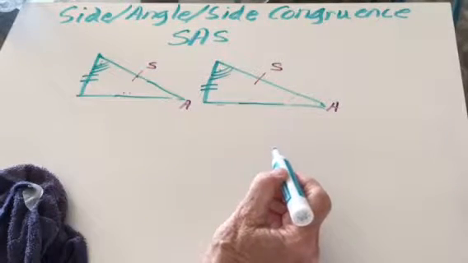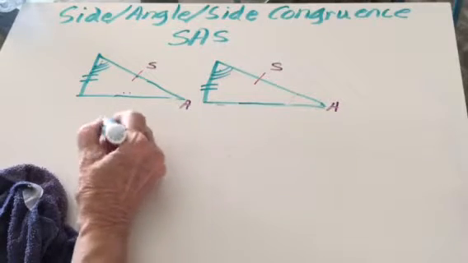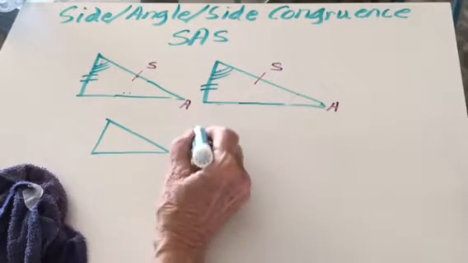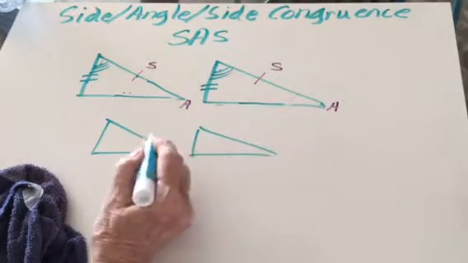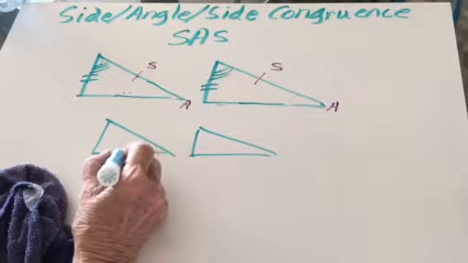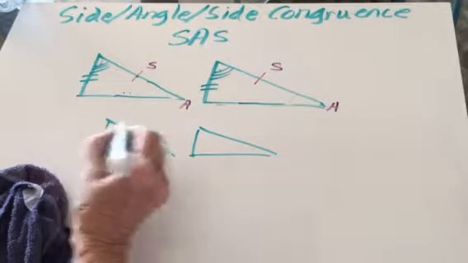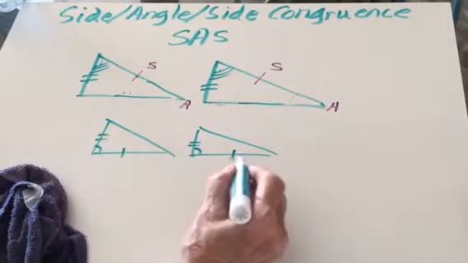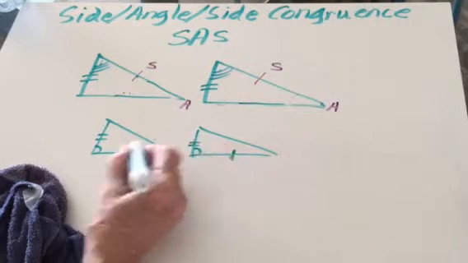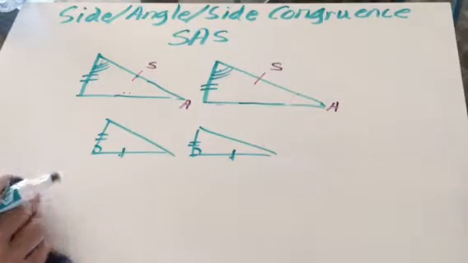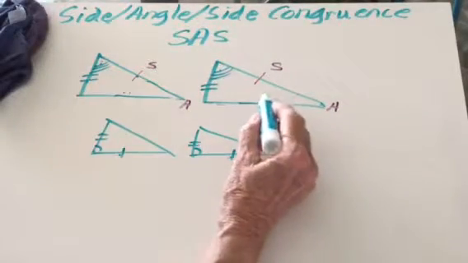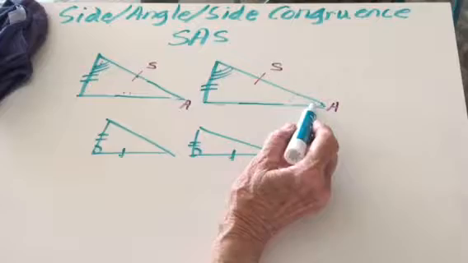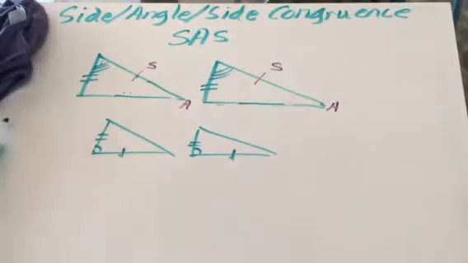Now it works. Okay? If I had two triangles like this, now I can call it side, angle, side. So you get the idea? You have to start with a side, you have to go to the angle next, and then another side.